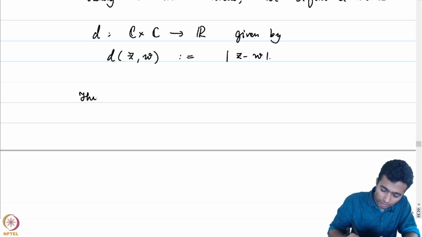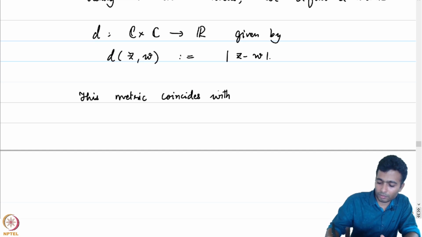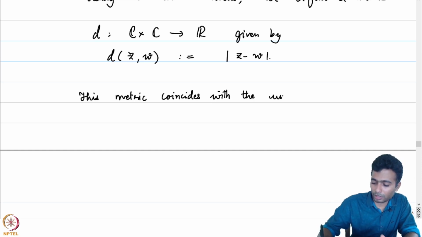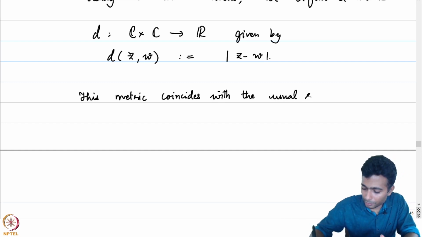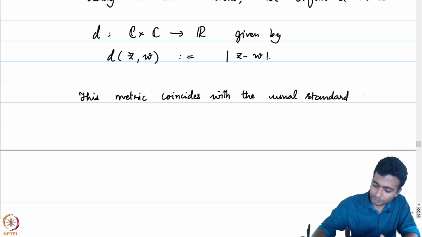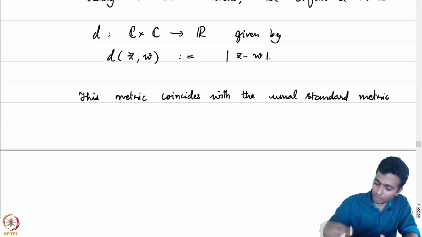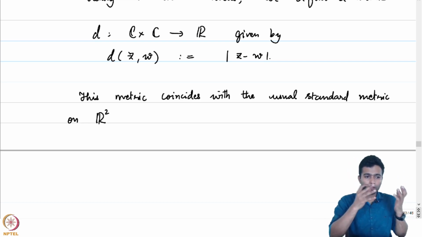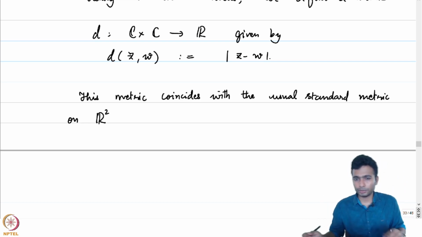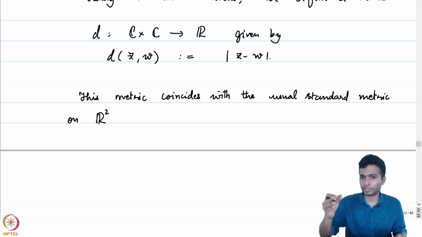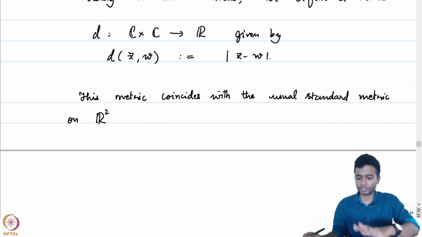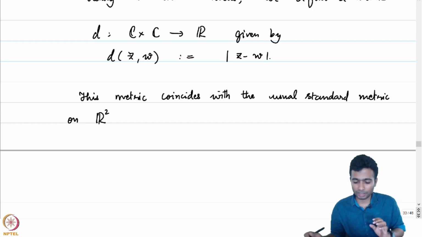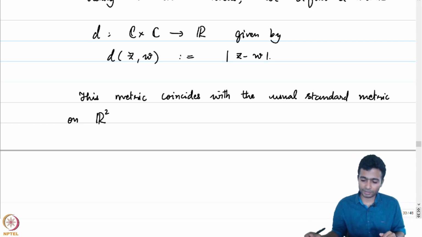So this metric coincides with the usual, it's called the standard metric, on R2. What was the standard metric? d of (x1, y1) and (x2, y2) is the square root of (x1 minus x2) the whole square plus (y1 minus y2) the whole square. You should check that this is exactly the metric d which we just defined will give us.